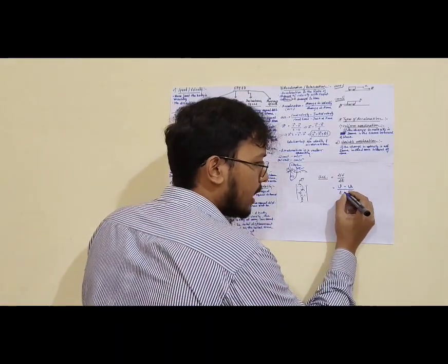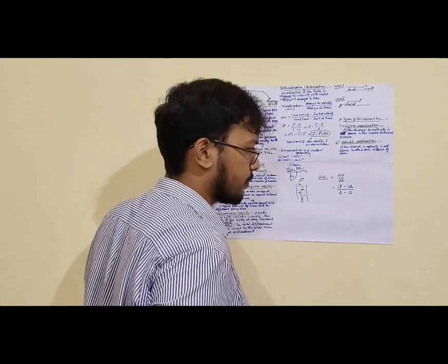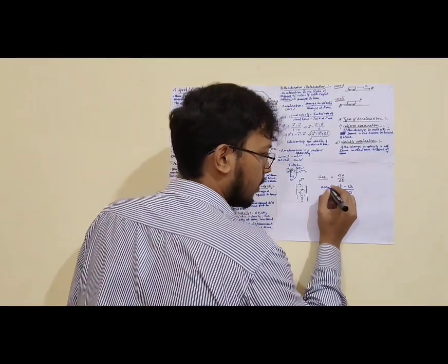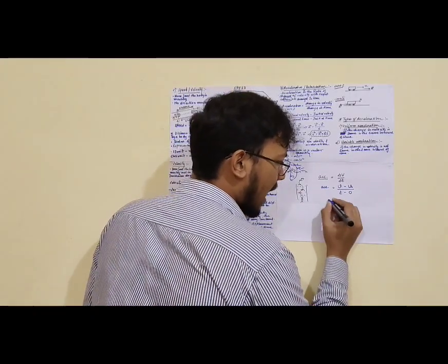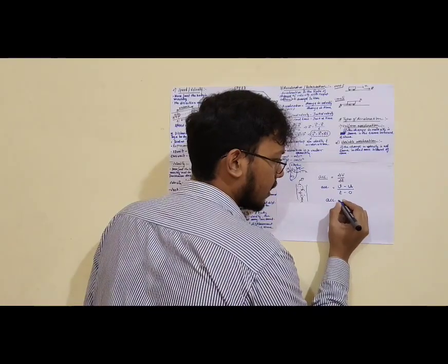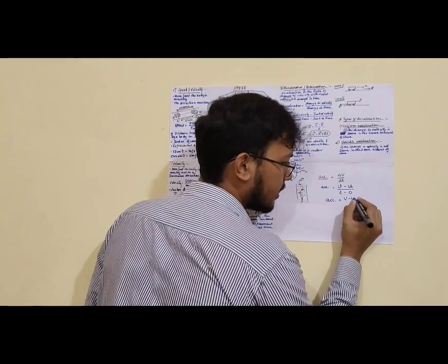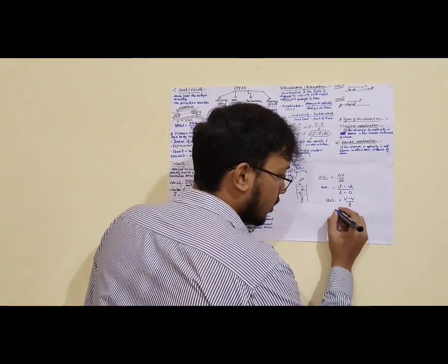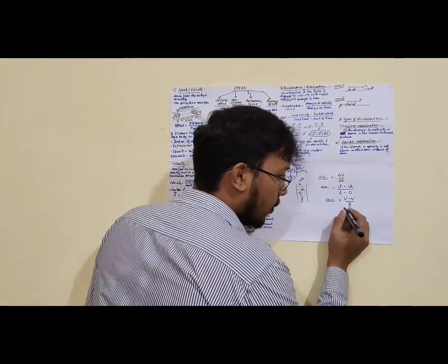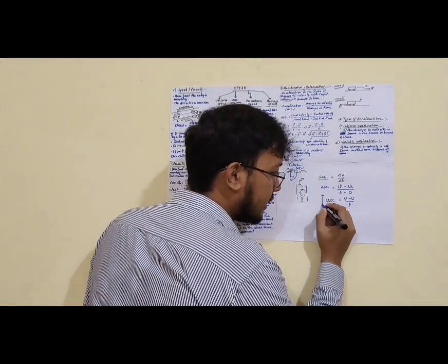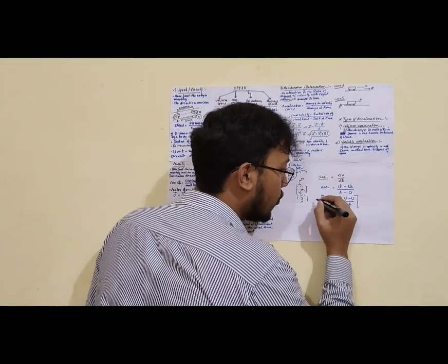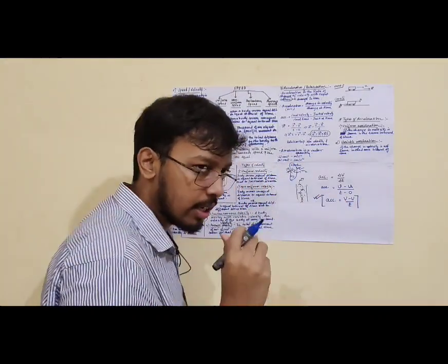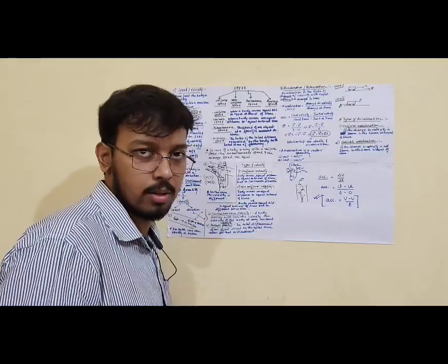Final time was t and initial time was 0. So acceleration equals v minus u by t. This is the general formula to find acceleration.